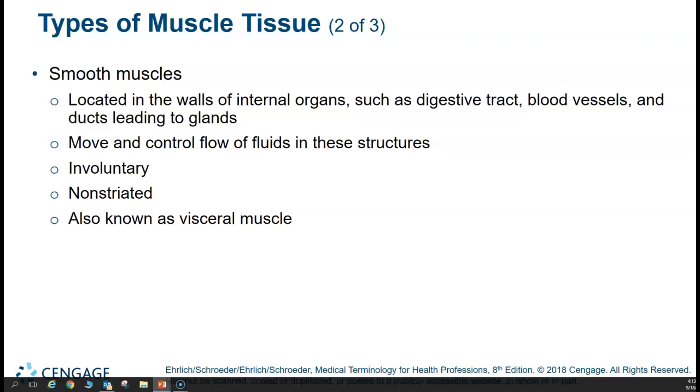We don't have control over that. It's just automatically happening. And so it's very important that we know that and recognize the difference between voluntary muscle and smooth muscle. We also know smooth muscle to be called visceral muscles as well.